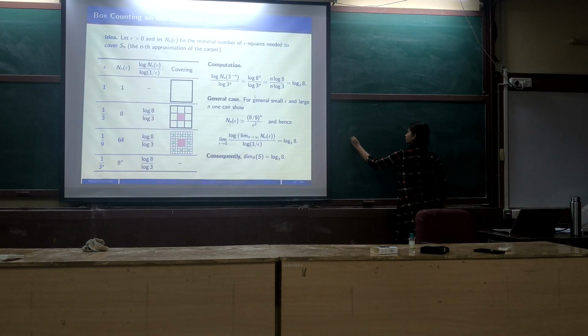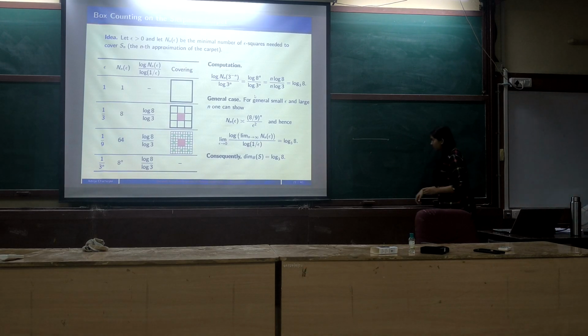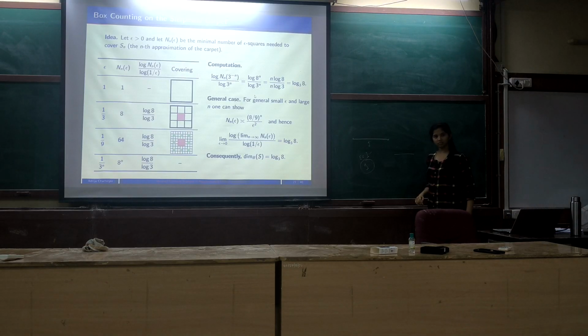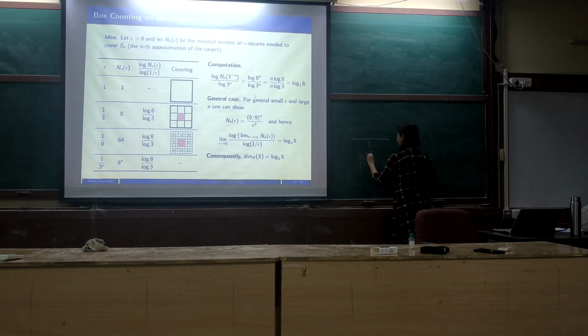In the Cantor set, you first start with a line, right? And your box in R is basically a line segment. When your epsilon is equal to 1, then you need one line segment to cover this set. When your epsilon is 1 by 3, then you will need 2 sets to cover this thing.